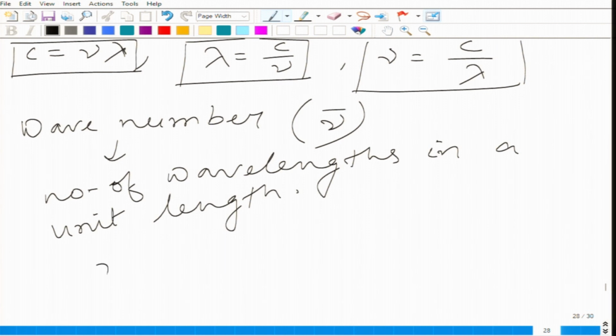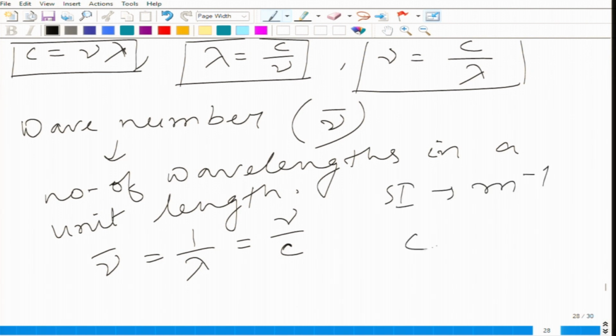Wave number is 1 by lambda or nu by C. The SI unit is meter inverse, but it is generally written as centimeter inverse.